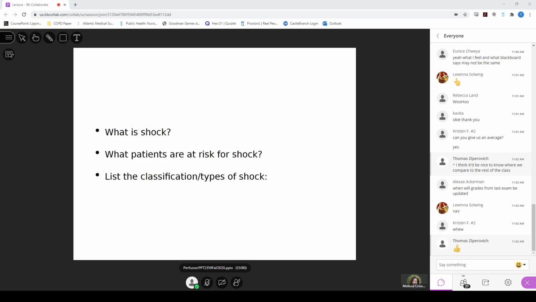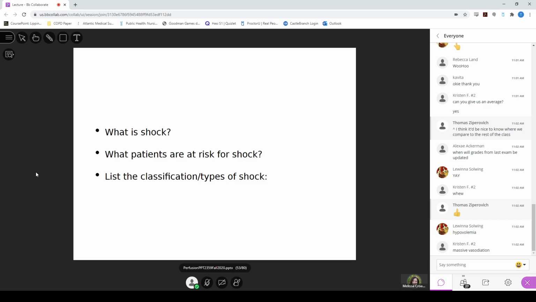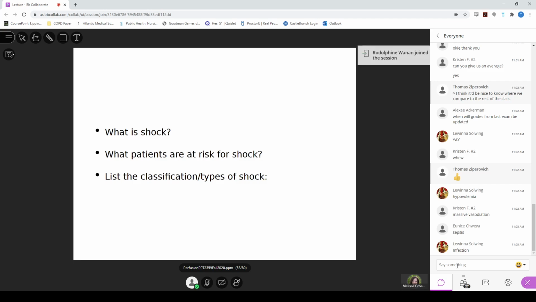All right, what's shock? Yeah, that's a type of shock, hypovolemia. So shock is the failure of the circulatory system to maintain adequate perfusion to those vital organs. So which patients are at risk for shock? What are some things that can cause shock? Sepsis, yes.